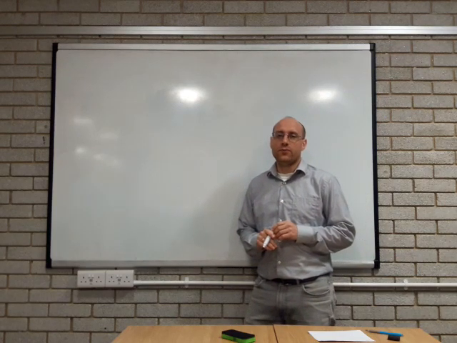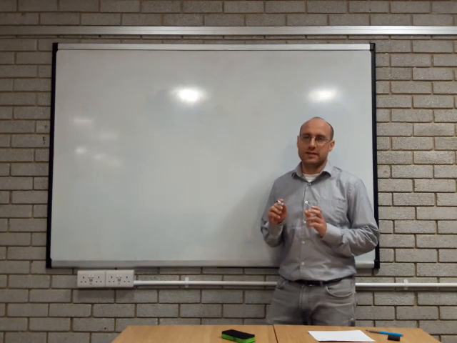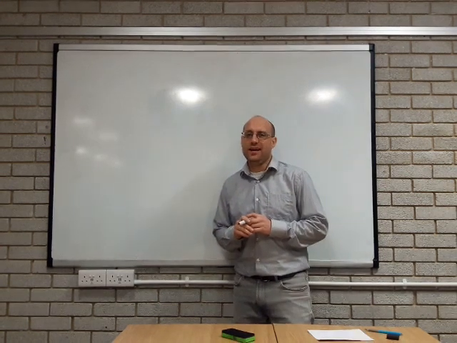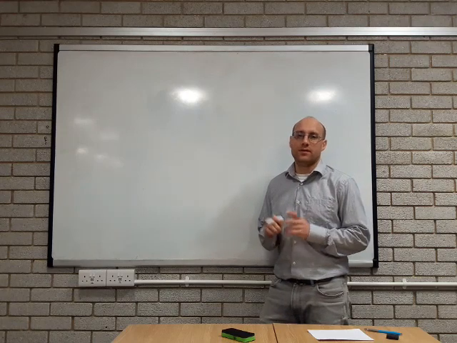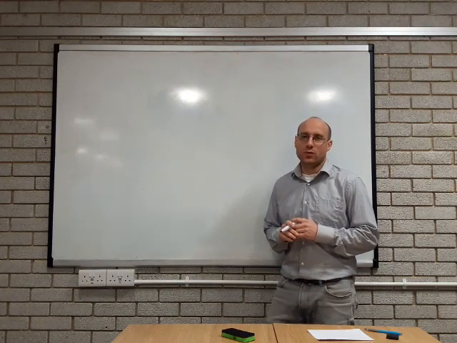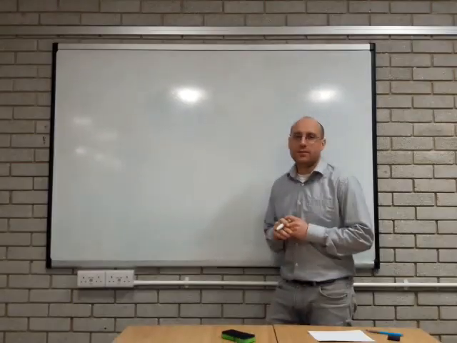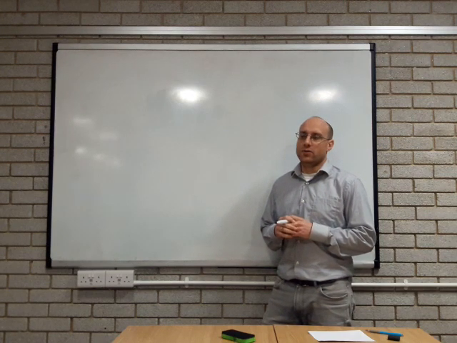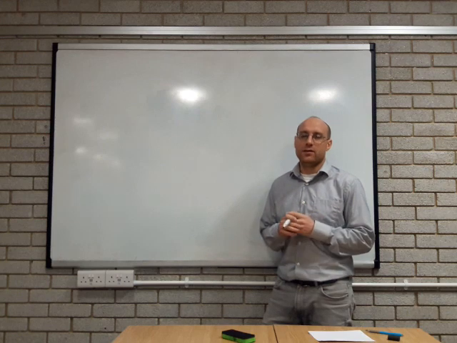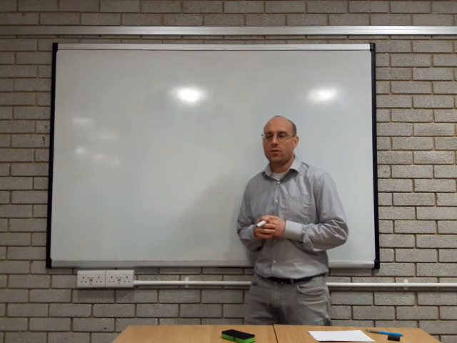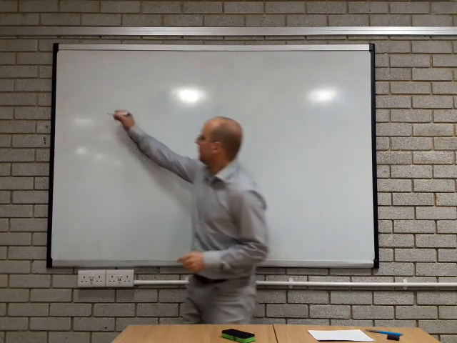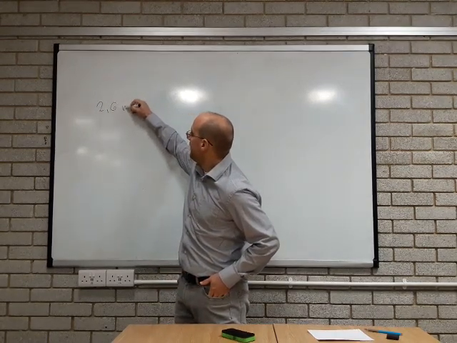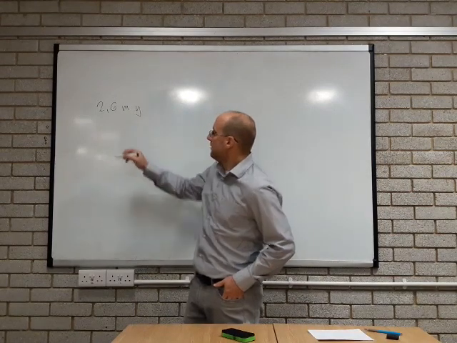When we are speaking about glaciations and ice ages, we most often refer to the last period of glaciations, and that began around 2.6 million years ago. So, 2.6 million years.